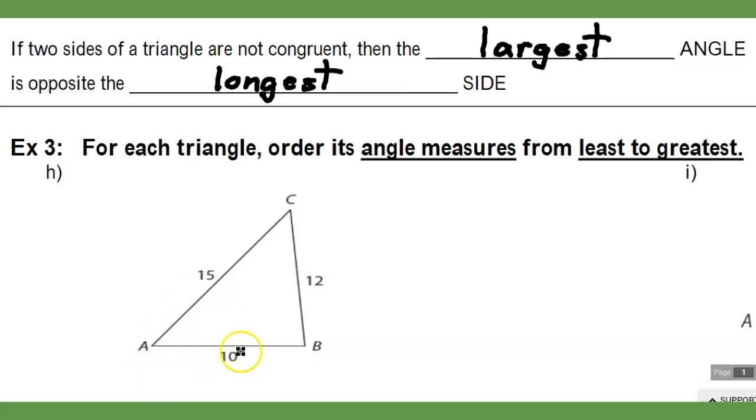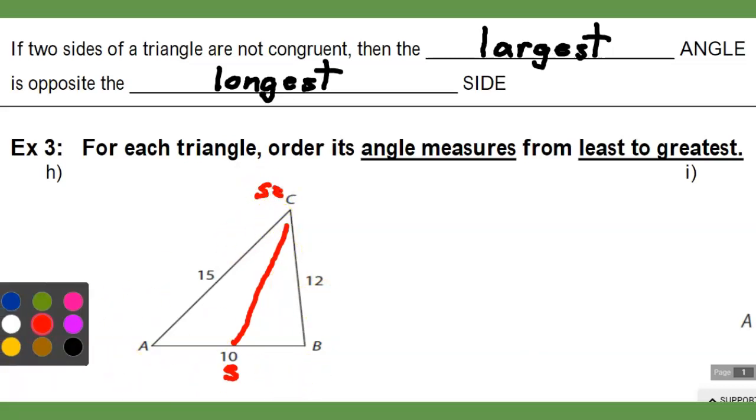So you find here of 15, 12, and 10, you know that 10 is the smallest, so opposite of 10 would be angle C. So angle C would be the smallest angle of A, B, and C. And likewise, of 15 and 12, 12 is the next smallest. We'll call it the medium, right?